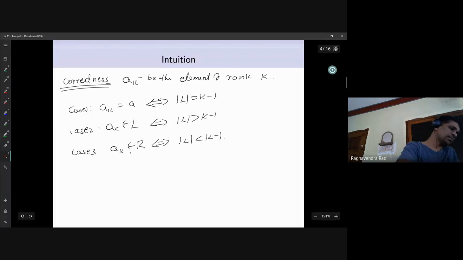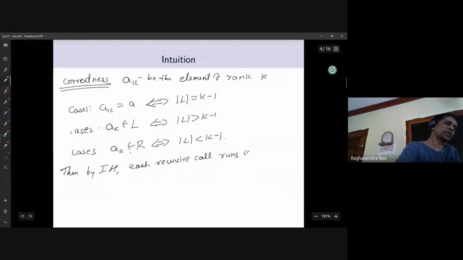By a simple induction, by the induction hypothesis, each recursive call outputs correctly based on the case, and combined with the above, the algorithm is correct.